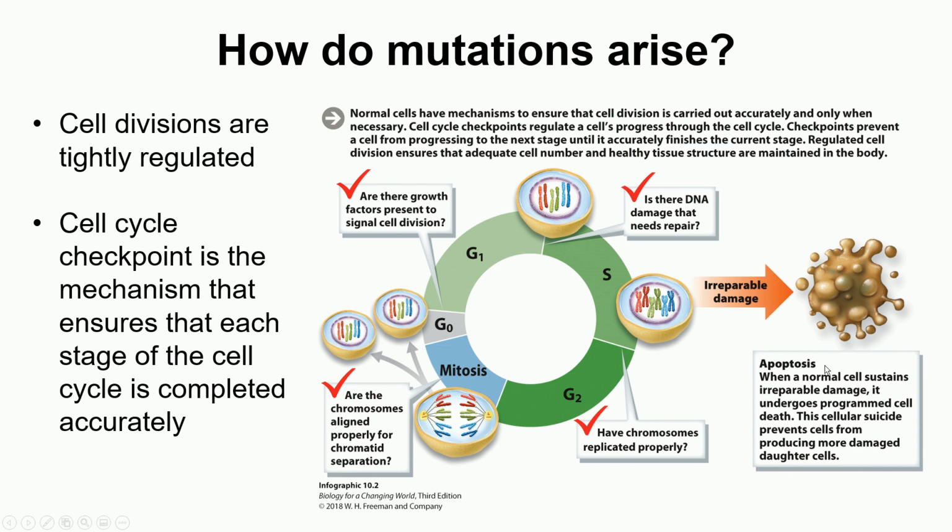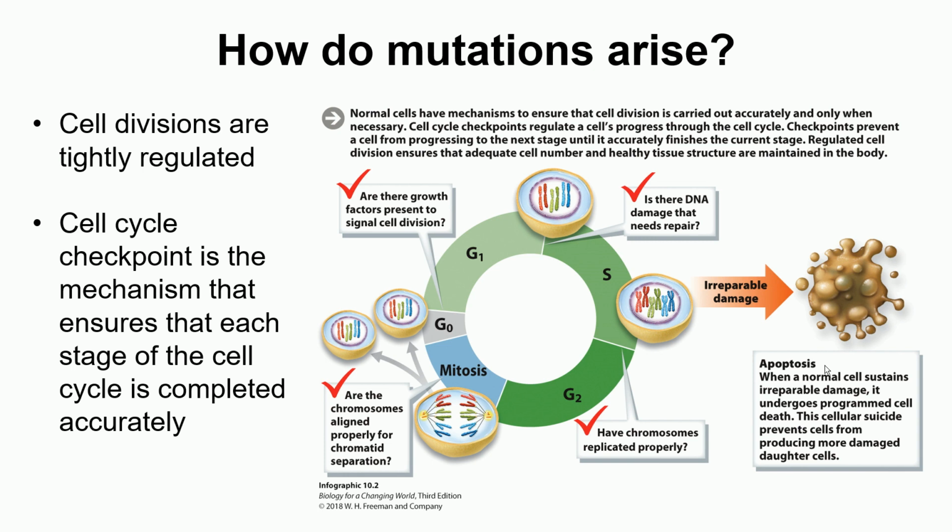If the cell can correct or repair the damage, then it is fine. But if the damage cannot be repaired, then that cell has to die by the process of apoptosis. This is how the cell cycle is regulated.